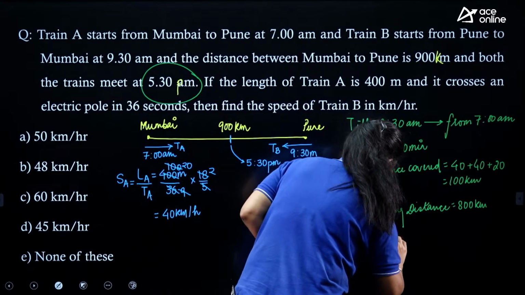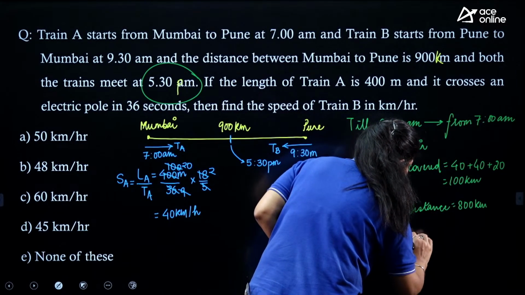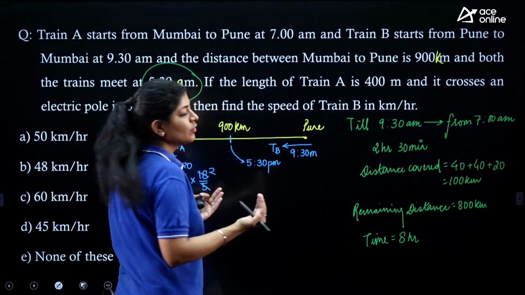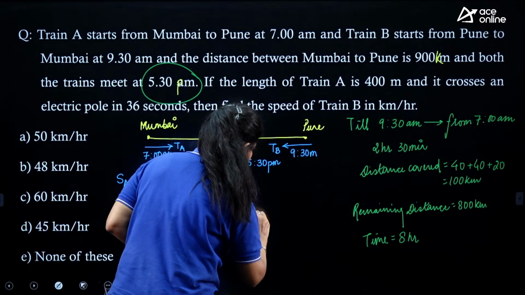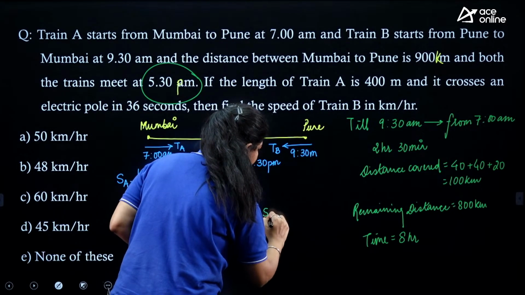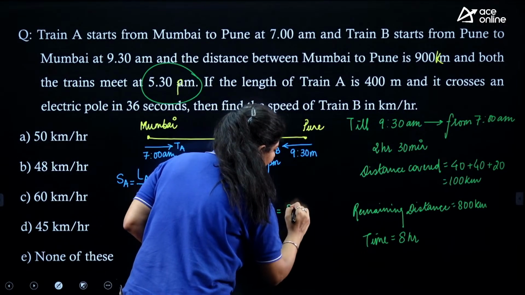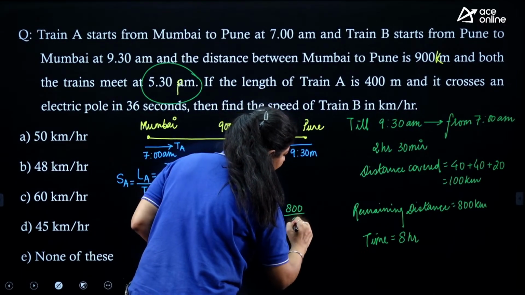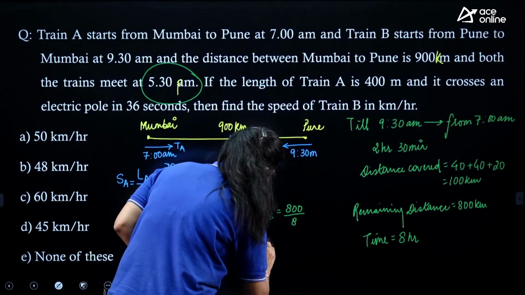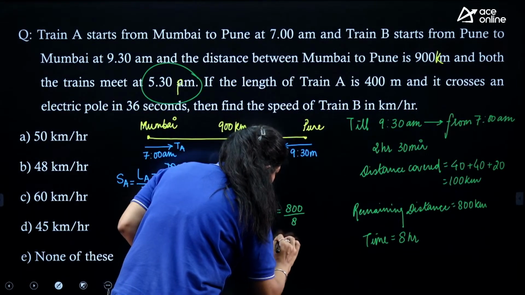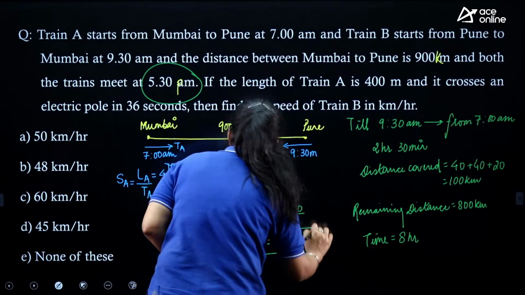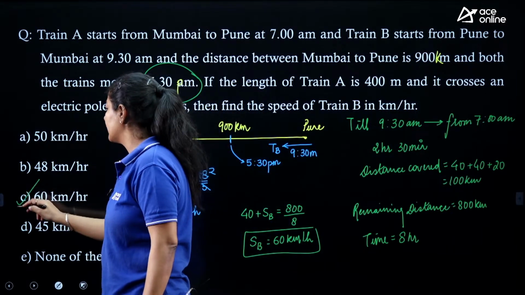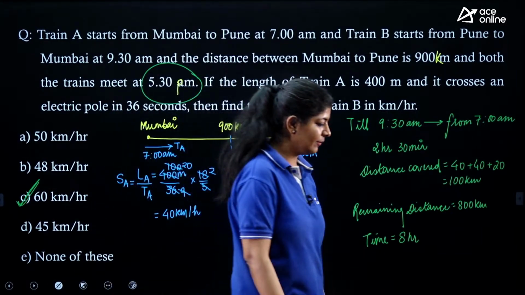As both of them are moving from opposite directions, we need to use the concept of relative speed, which is nothing but 800 kilometers divided by 8. That means the value of SB that we got over here is 60 kilometers per hour.